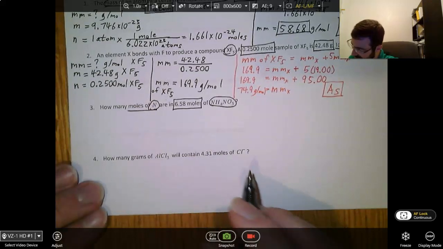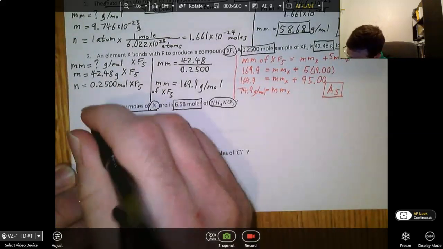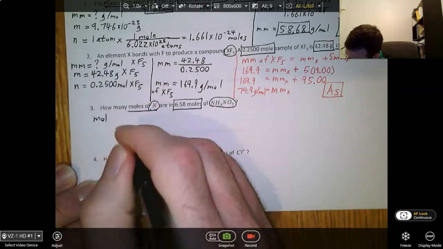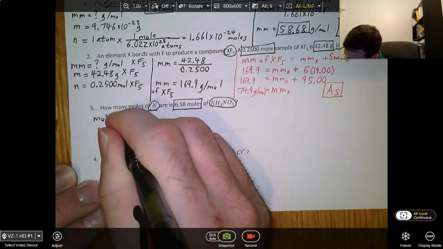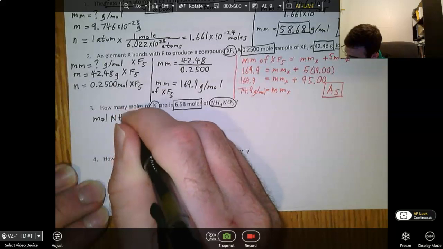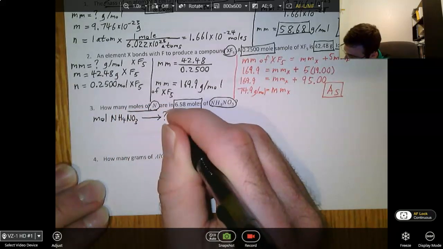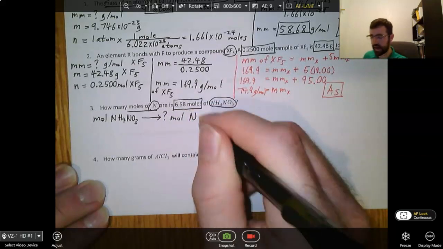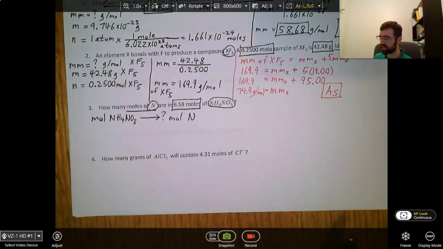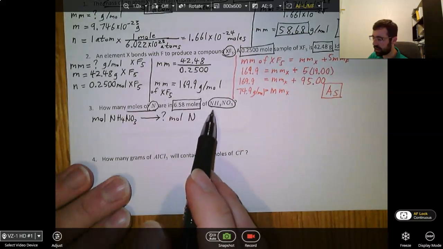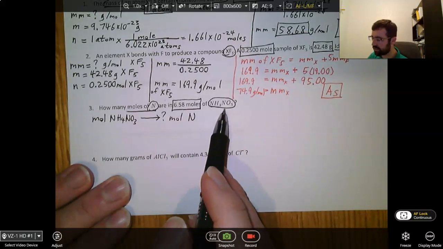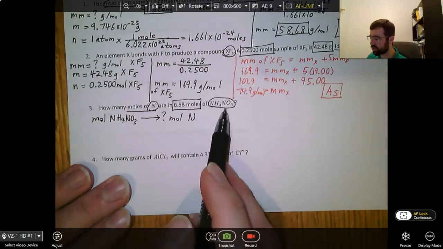So what I need to recognize is I have moles of NH4NO3 and I want to find how many moles of N are in that. So what we're dealing with is the relationship between how many moles of nitrogen we have in each mole of this compound.